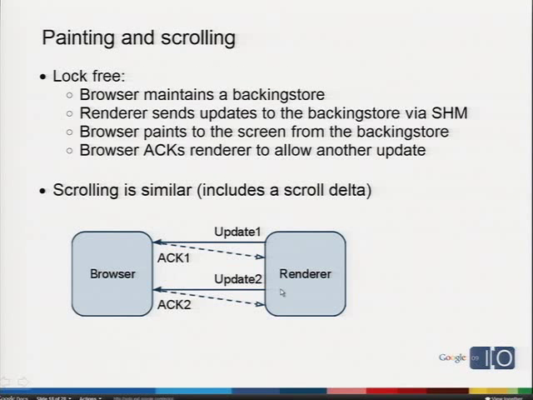Actually, one more comment about painting. Whenever you need to resize the browser window, we have a backing store of the old rendering, and that backing store is not the right size when you resize. So it turns out to be necessary to play some games to get good performance there. We're in a situation where a resize happened and we want to update the backing store, and we obviously don't have it yet, but we have asked the renderer to produce the data, and we're just waiting for it.